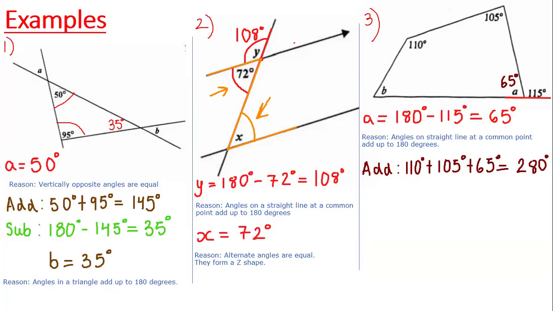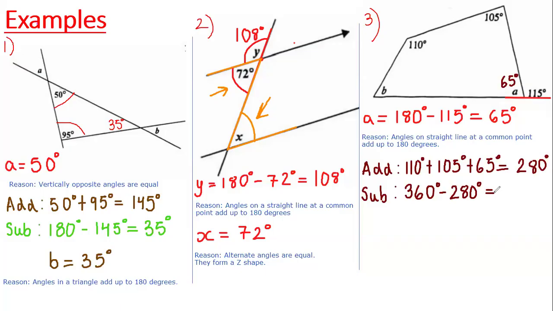All right, so when we subtract it, what we get is going to be what? 360 degrees minus what? 280 degrees, and that equals what? 80 degrees.